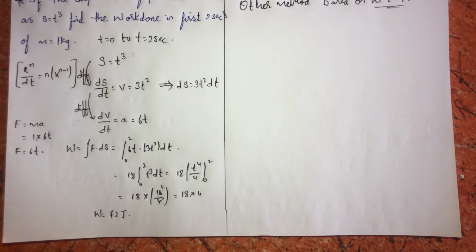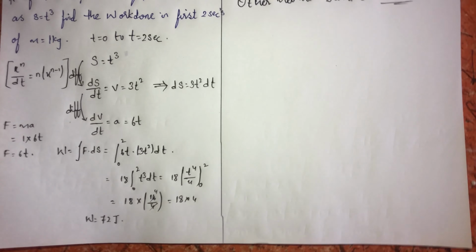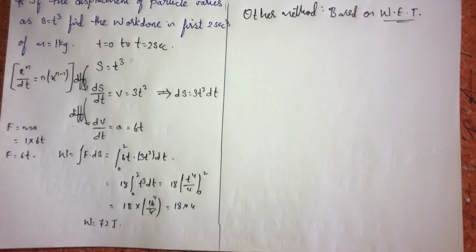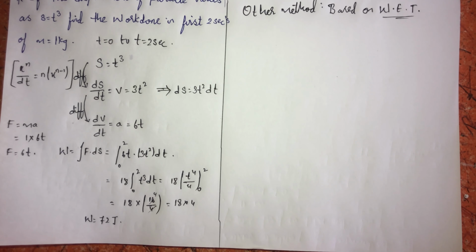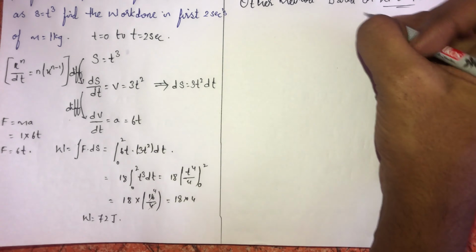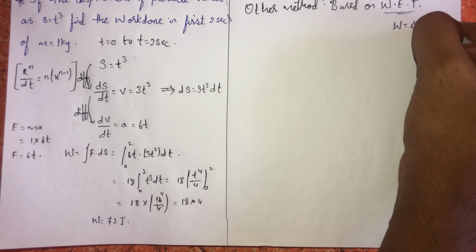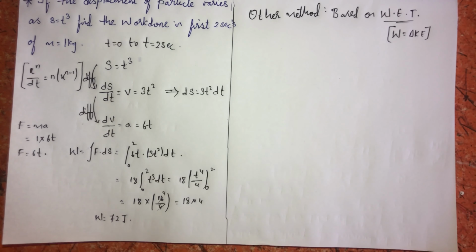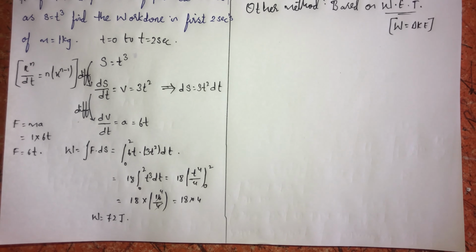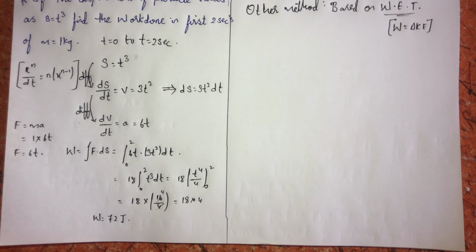So what do you mean by work energy theorem? Work energy theorem is nothing but work done by all the forces will be equal to change in the kinetic energy. That is half m (v2 square minus v1 square).